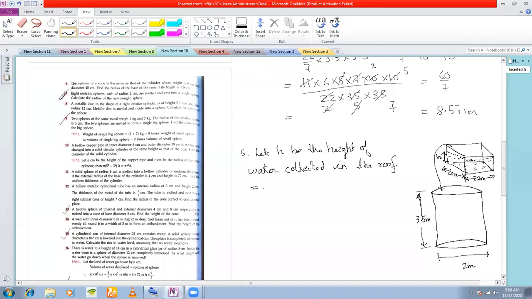This roof is cuboidal, so we have your length and we have your breadth and you have your height. Okay, sorry, no, I was about to write the height. Why am I writing the volume? BH.